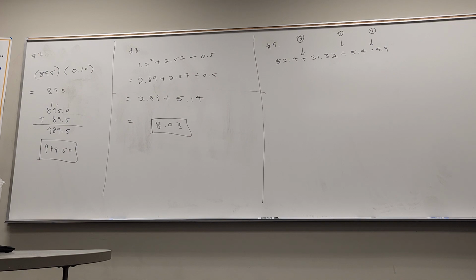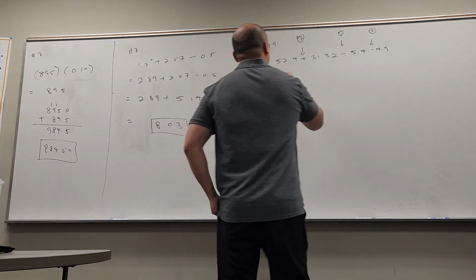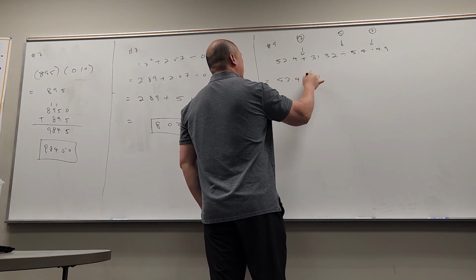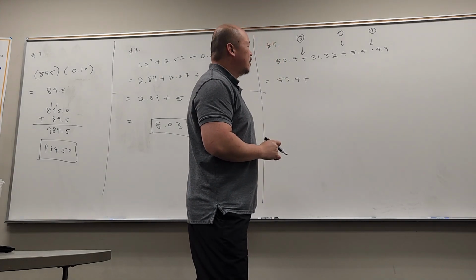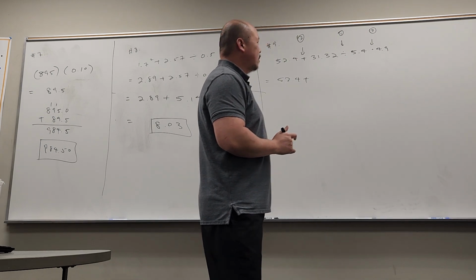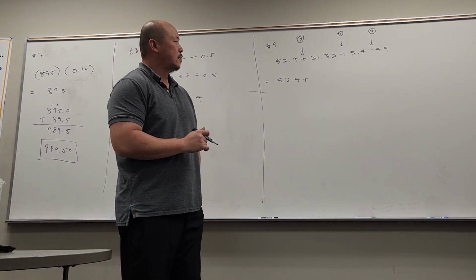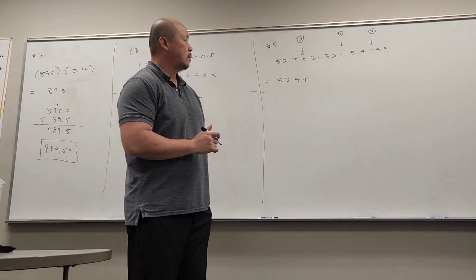And that's when you really need to use a calculator, and that's what's hard. So what's 31.32 divided by 5.4? Anybody got the answer yet? 5.8.